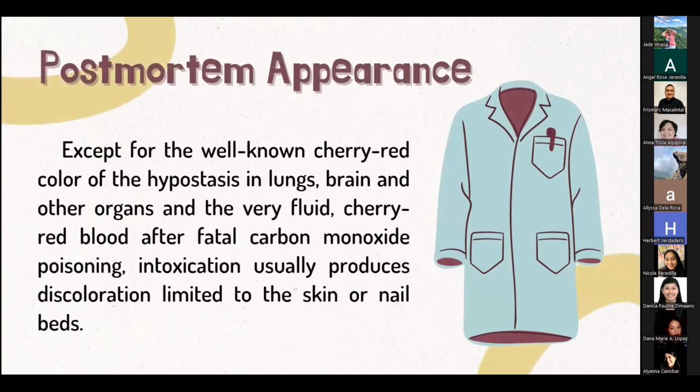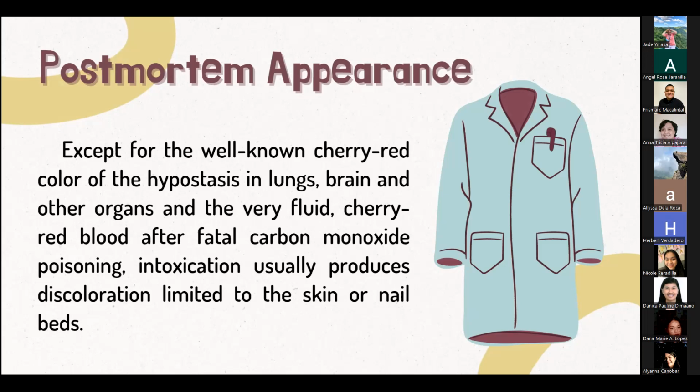So the post-mortem appearance. What does it look like when you die of carbon monoxide poisoning? Except for the well-known cherry red color of the hypostasis in lungs, so magiging cherry red color ng lungs mo, brain and the other organs, and the very fluid cherry red blood after fatal carbon monoxide poisoning, intoxication usually produces discoloration limited to the skin or nail beds.